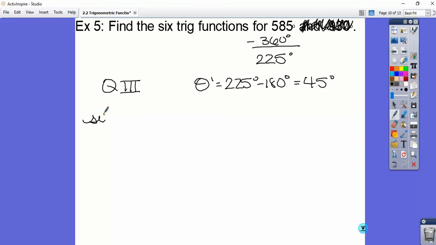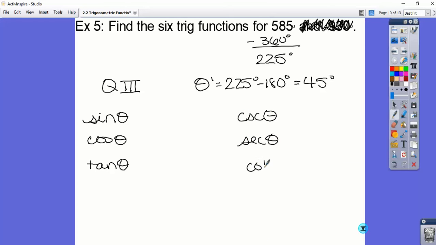Okay, so we are finding all 6 trig functions. First tell me, in quadrant 3, which ones are positive? Tangent is positive, so cotangent is positive. That means these other 4 are negatives. Okay, so 45, hold in your 45. Sine is radical 2 over 2.